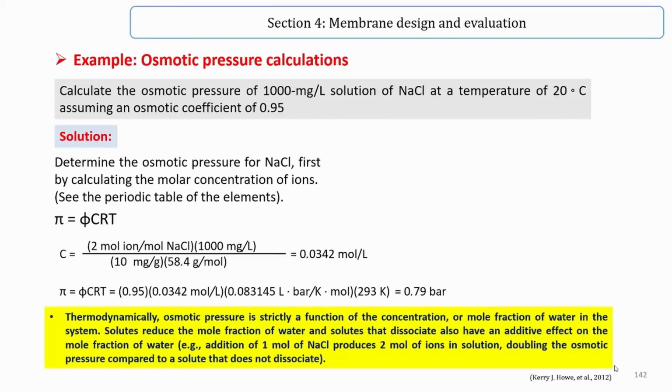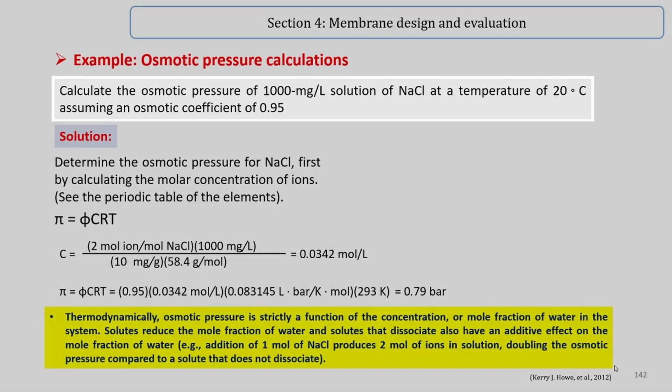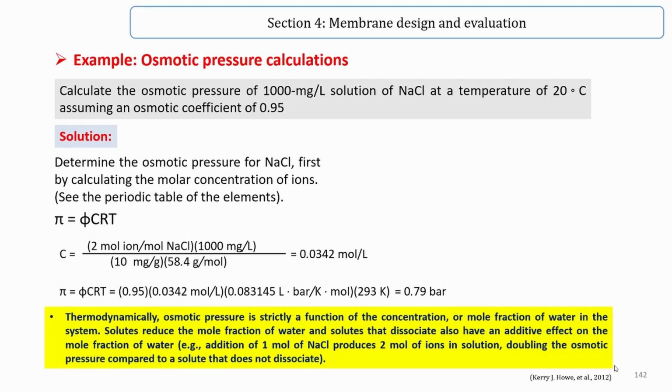In this example, calculate the osmotic pressure of a 1000 mg per liter solution of sodium chloride at a temperature of 20 degrees Celsius, assuming an osmotic coefficient of 0.95. To solve this problem, the osmotic pressure of sodium chloride has to be determined by calculating the molar concentration of ions.